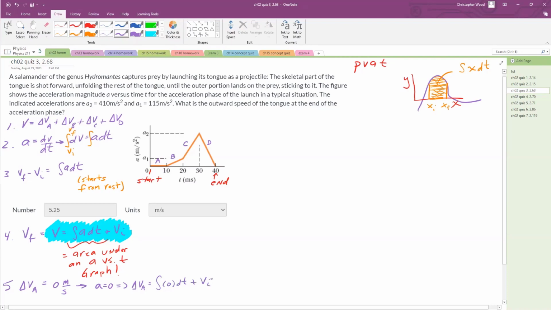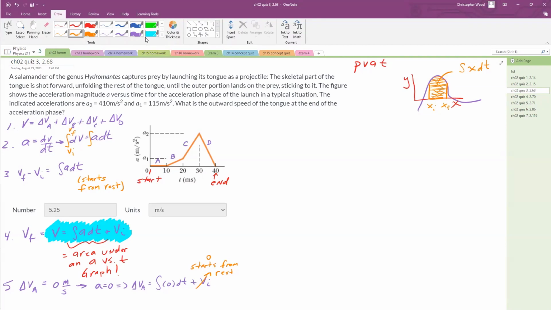If the acceleration equals 0, the change in velocity equals the integral of 0 times dt plus the initial velocity. Now, in this particular case, we can say the initial velocity is 0, which means, again, it starts from rest. So that's why the velocity during segment A of that salamander tongue doesn't change. It's moving. It doesn't mean it's not moving. It just means it's not changing its velocity.